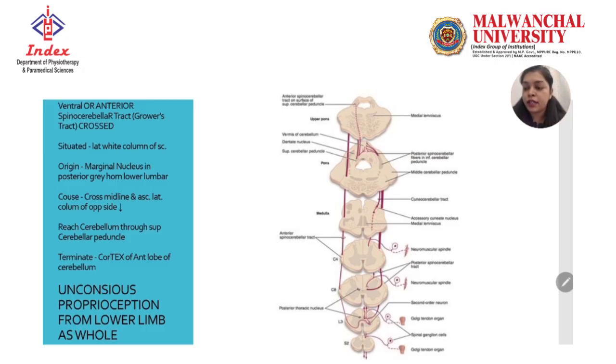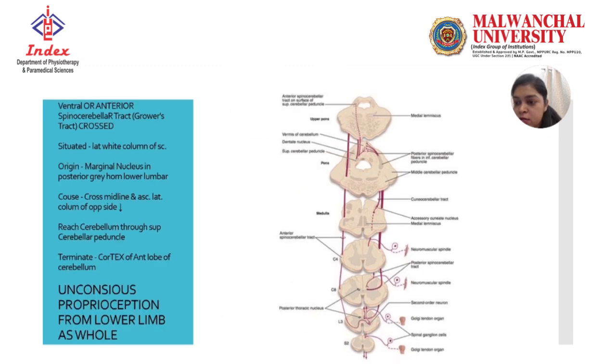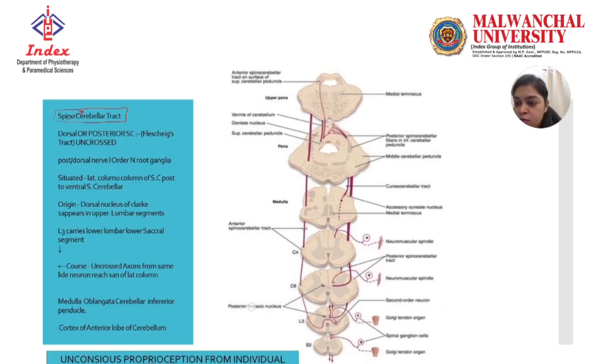Then the ventral or anterior spinocerebellar tract, that is crossed. These are crossed. Lateral वाला जो है that is uncrossed, and the anterior one is crossed.